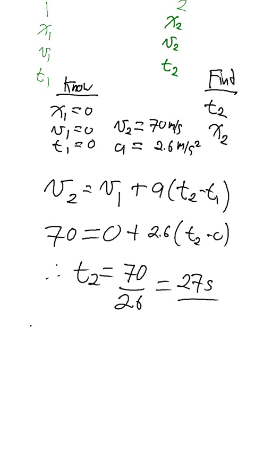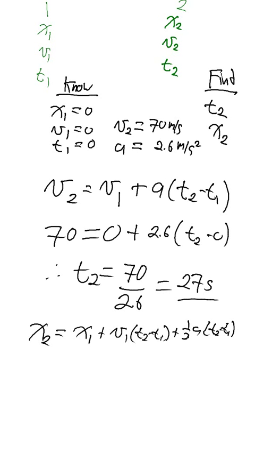Alright, the second part, we actually can use either of the remaining equations because now we know what the time is. If we use the equation for how the position changes, then we would say that x2 is equal to x1 plus v1 times (t2 minus t1) plus 1/2 a times (t2 minus t1) quantity squared. Alright, and we know all the numbers that are on the right-hand side of that expression.